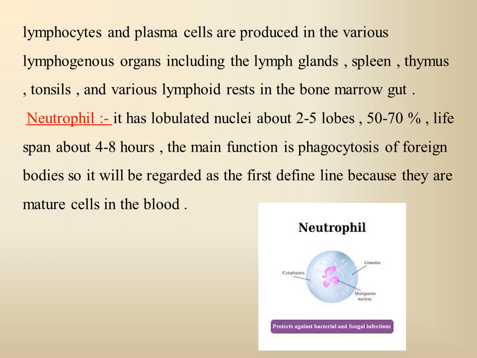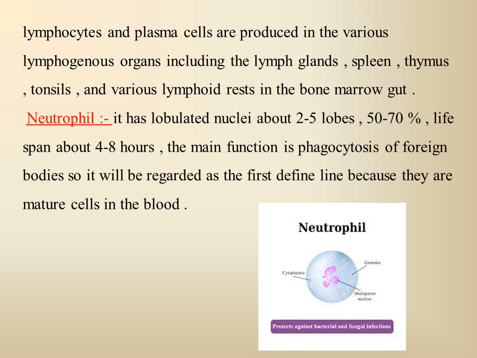We must focus on this term, phagocytosis. The main function of the neutrophil is phagocytosis. It is considered the first line of defense because they are mature cells in the blood.